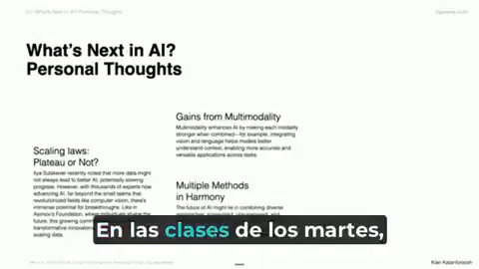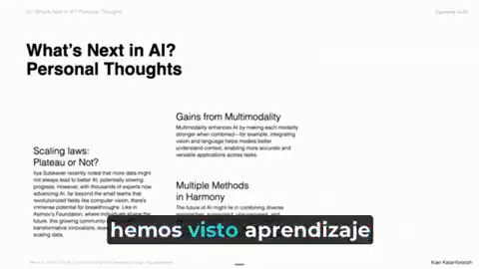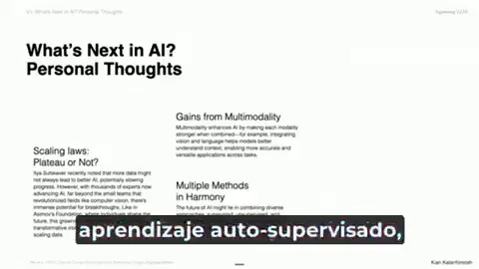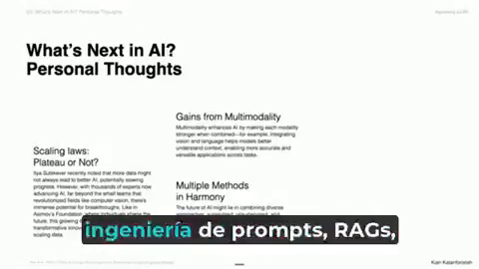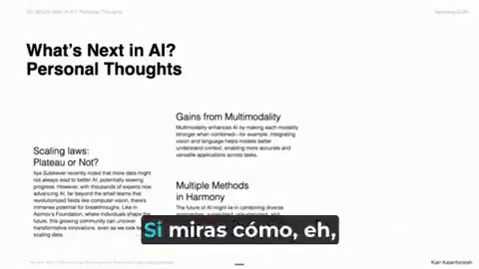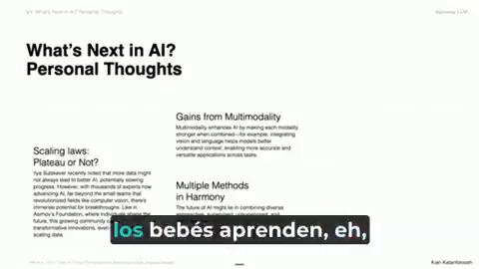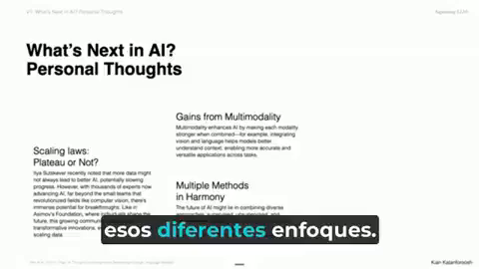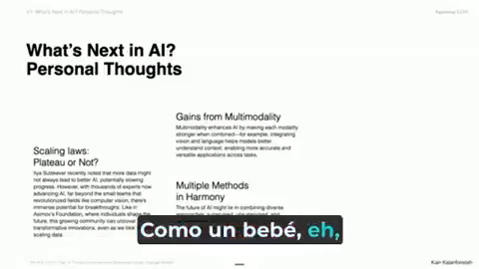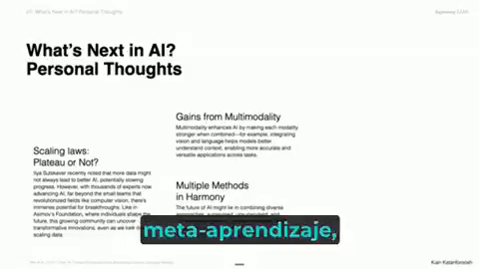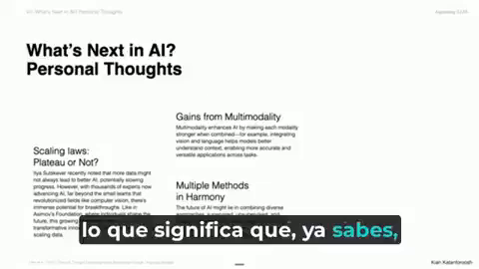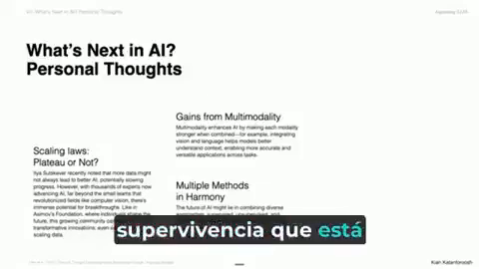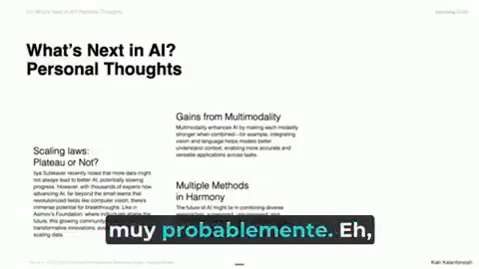In the Tuesday lectures, we've seen supervised learning, unsupervised learning, self-supervised learning, reinforcement learning, prompt engineering, RAGs, etc. If you look at how babies learn, it is probably a mix of those different approaches. A baby might have some meta-learning, meaning it has some survival instinct that is encoded in the DNA, most likely.